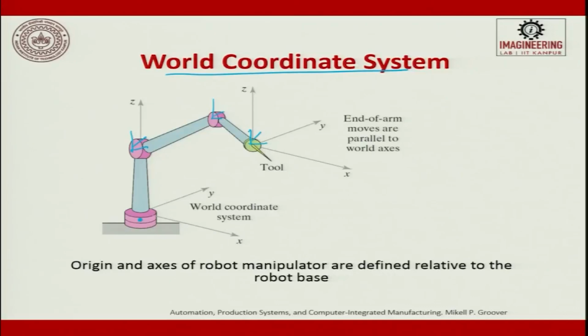This gives you proper control over each of these joints to execute the job. The origin and axes of the robot manipulator are defined relative to the robot base. So, the world coordinate system is very important.